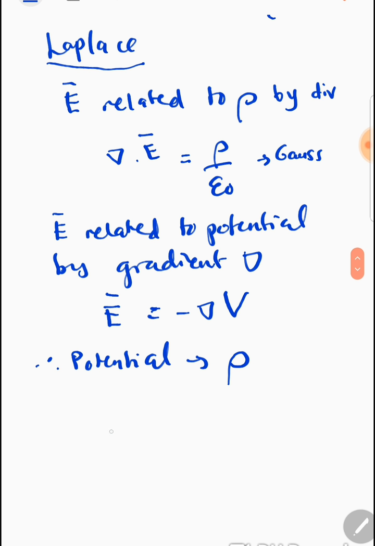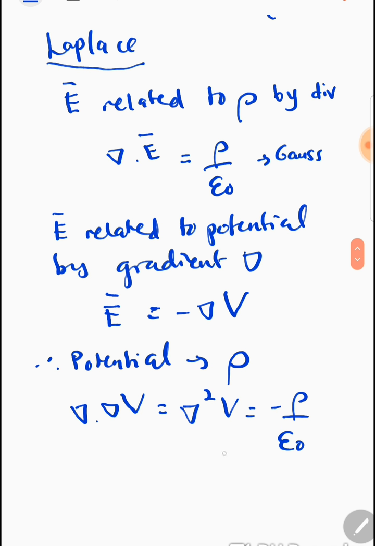We know that E is equivalent to negative nabla of V. If I replace this and put it into the first equation on top here, what we have is nabla dot nabla V, which is nabla square V, equals negative rho over epsilon naught. See that the negative has been pushed to this side, just for simplicity.